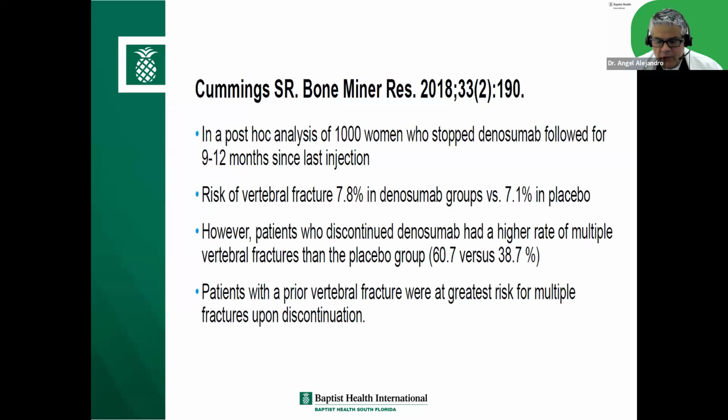So remember, if they're on Prolia, you have to tell the patient, if you're going to stop using it, then we're just going to have to give you something else. You can never stop the Prolia and not replace it. Typically, I replace it with IV Reclast or PO alendronate, but you can never just stop the Prolia because of the increased risk of vertebral fractures.